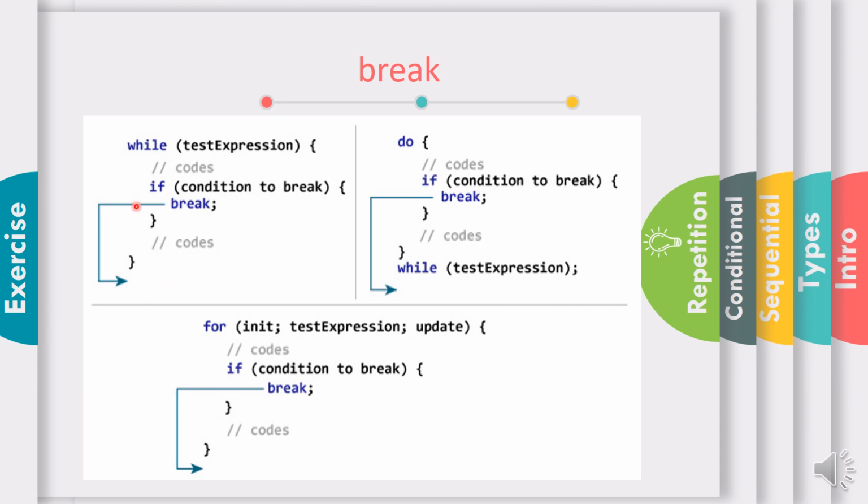Here you can see for the while loop, here for the do while loop, and here for the for loop. As soon as this condition or this statement is met, the loop is terminated and the control will come after the body of the loop. So, this is the purpose of the break statement.